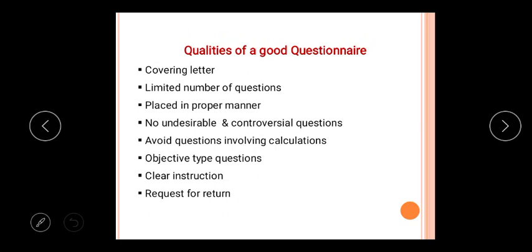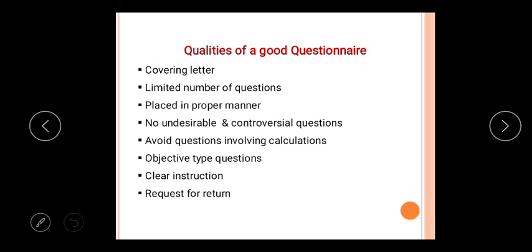Another important quality of a good questionnaire is a limited number of questions. Students, the number of questions in the questionnaire should not be very large. Unnecessary details should be avoided and only relevant questions should be framed. So the number of questions should be limited and relevant to the nature of inquiry.